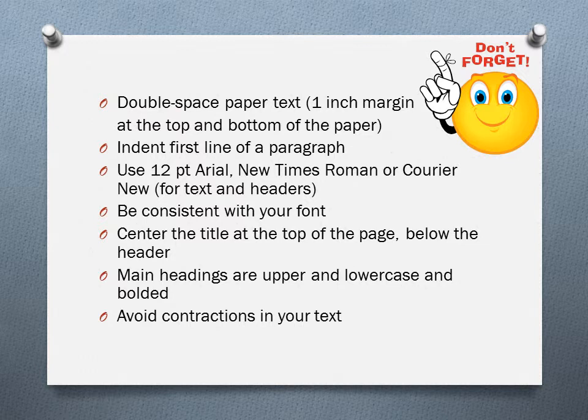It should only be one tab stop, and that's about 5 spaces. You should use 12-point font, Arial, Times New Roman, or Courier New. Do not use a combination of fonts. Use only one of them and be consistent throughout your paper. And that's the next bullet point. Be consistent with your font.